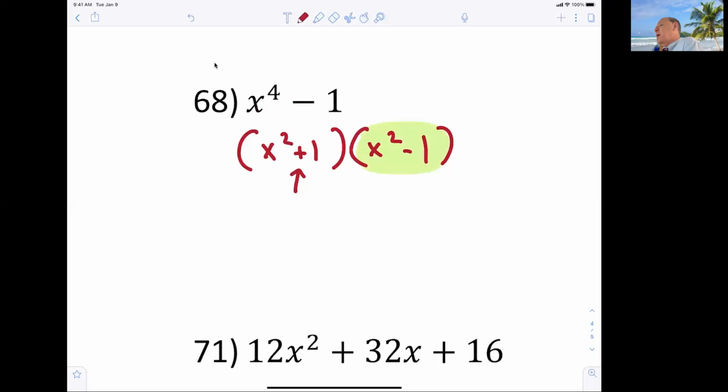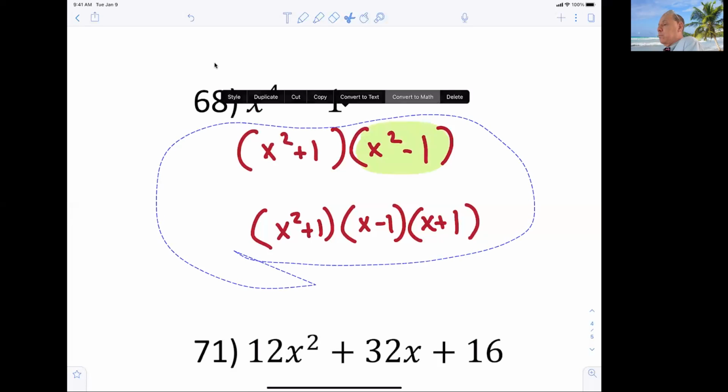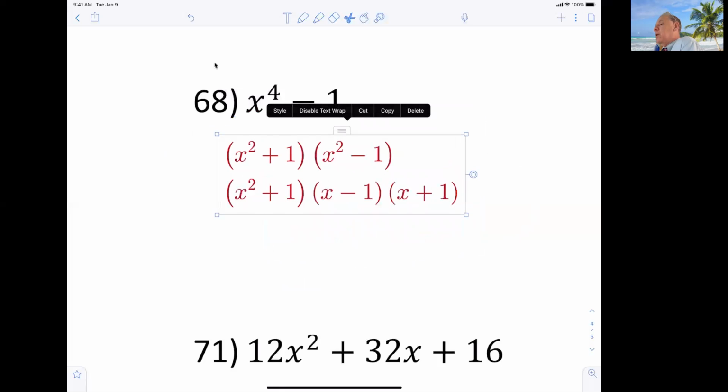However, can x squared minus 1 factor? Yes, because it's minus 1, which will allow the middle term to cancel. So your final answer is just x squared plus 1, and then what? Right. X minus 1, x plus 1. All right, does anybody have any issues with that? Any issues?